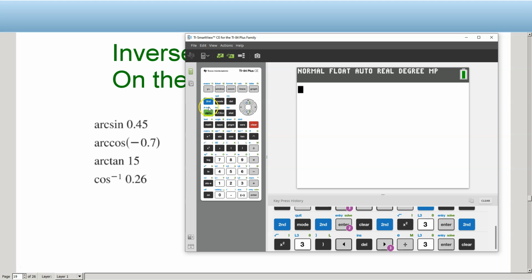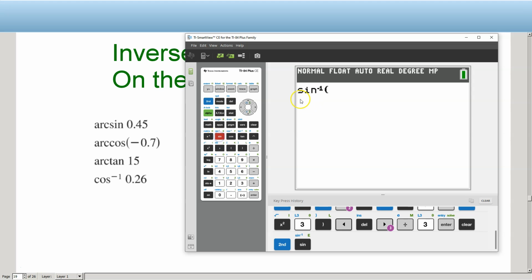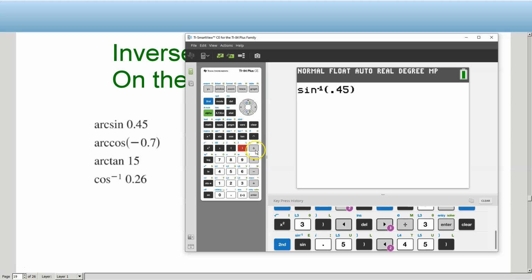So instead of sine, we hit second, sine inverse button of 0.45, and that will tell me, depending on if I'm in degree mode or radian mode. In this case, I'm in degree mode. It'll say, all right, if my y value, my sine value is 0.45 on the unit circle, what is my angle? And that's about 26.7 degrees.